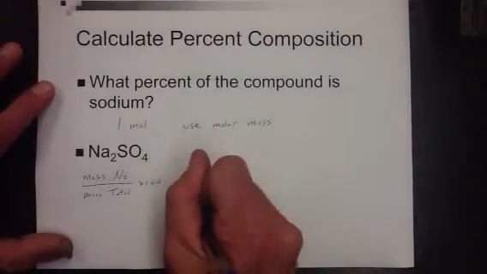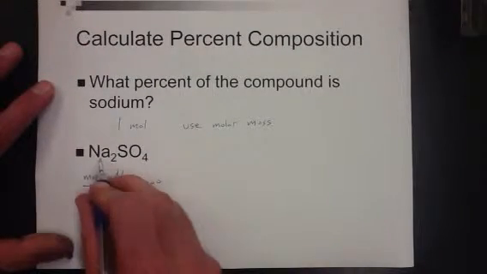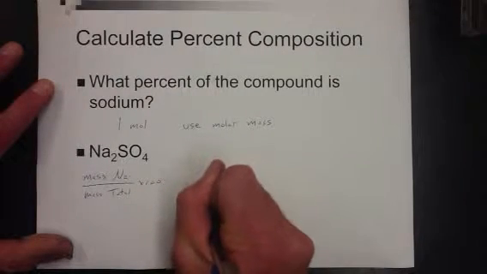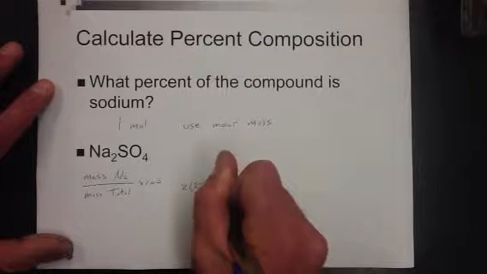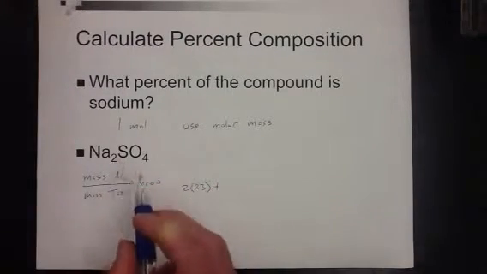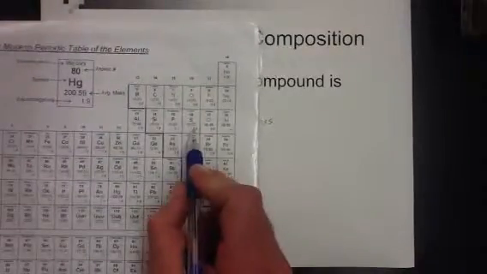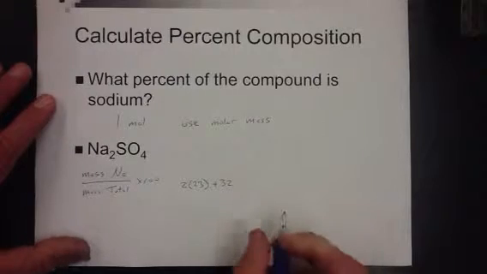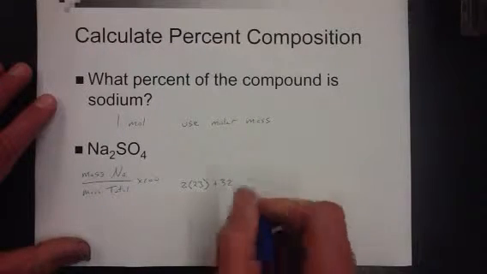So for the sodium, we have 2 sodiums in each of our molecules. So we have 2 times 23 for the sodiums, plus for the sulfur, so we'll find sulfur on the periodic table. Sulfur is 32. So you have 32 grams per mole for the sulfur.